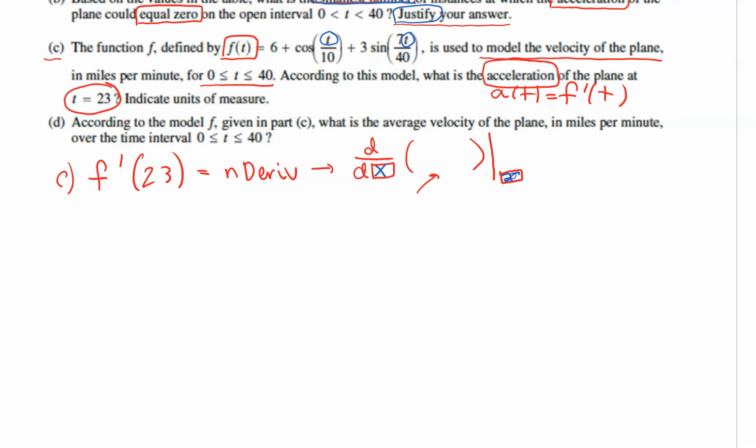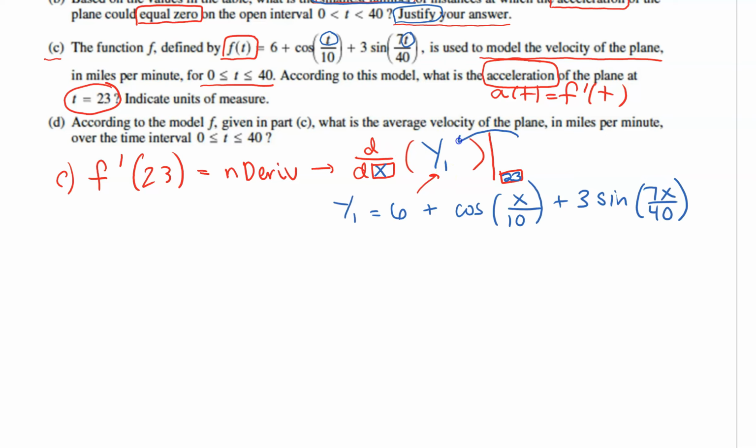And then down here is where I will type in the 23. Now, usually what I do on my calculator is I type the equation into y1 so that I don't mess up later. So this is what I would have entered into y1 on my calculator using x's instead of t's. And then here I type y1 into this n-derive feature.